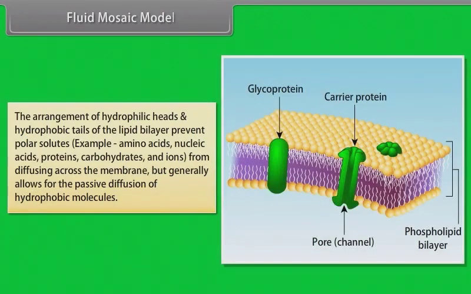The arrangement of hydrophilic heads and hydrophobic tails of the lipid bilayer prevent polar solutes, for example, amino acids, nucleic acids, proteins, carbohydrates, and ions from diffusing across the membrane, but generally allows for the passive diffusion of hydrophobic molecules.